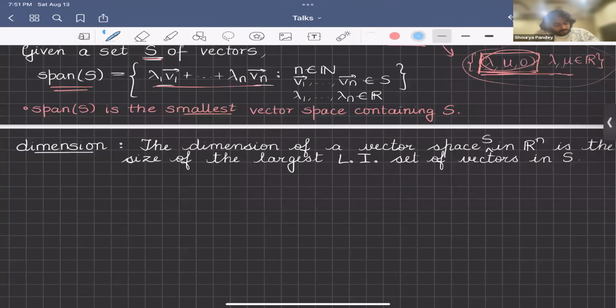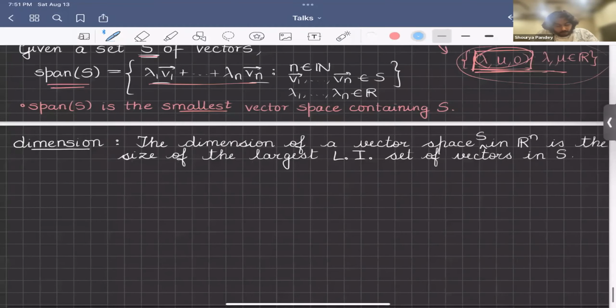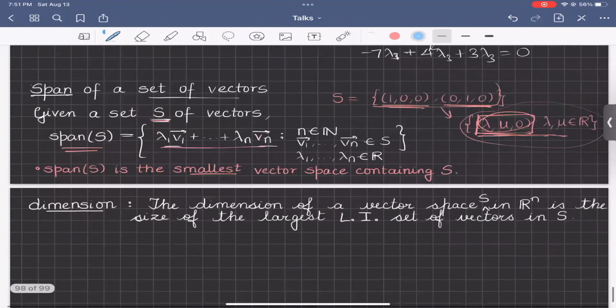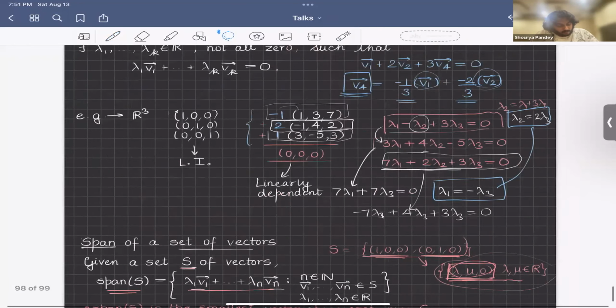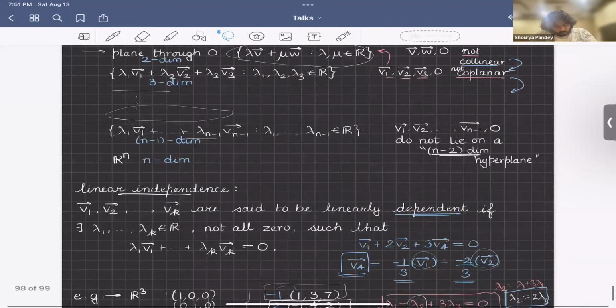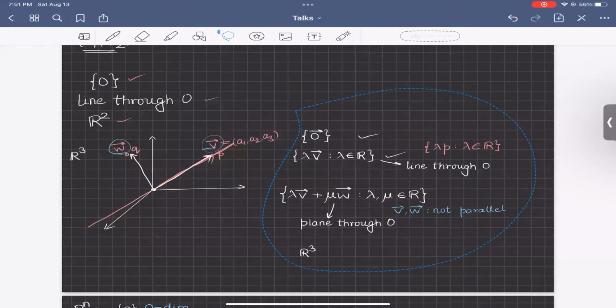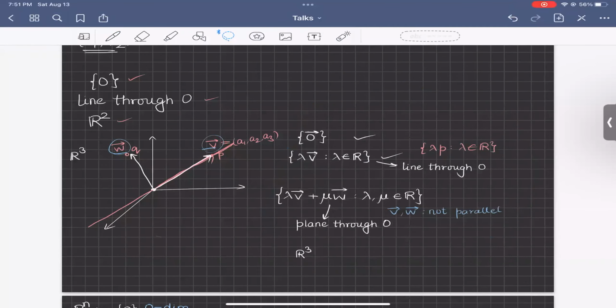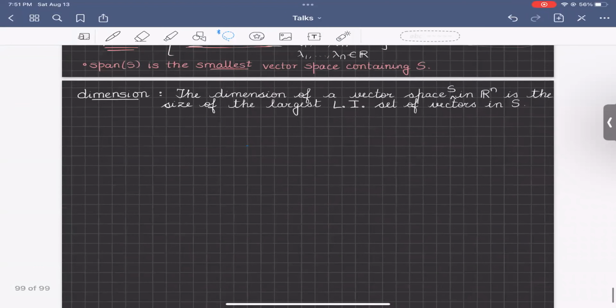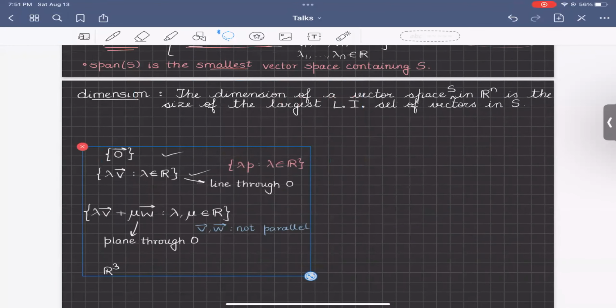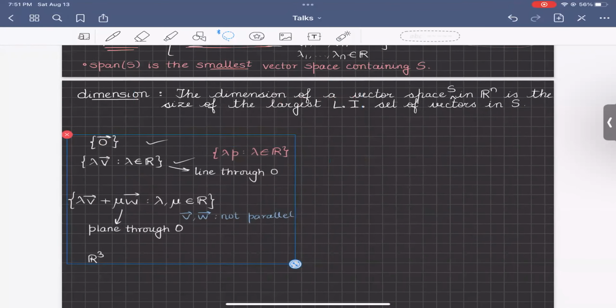So basically what is going on here is that, let's go back to this example. Let me go back to the slide. If we consider the XY plane, would it be the whole R2?